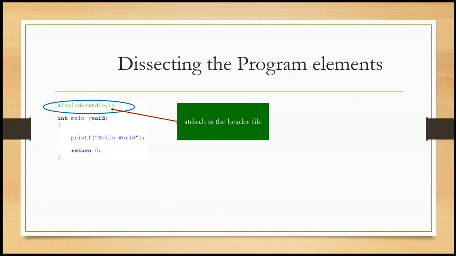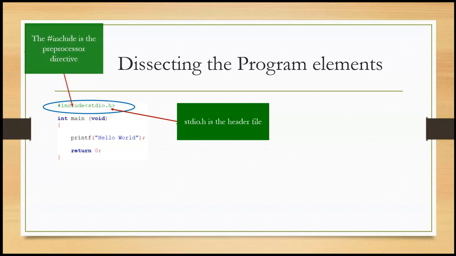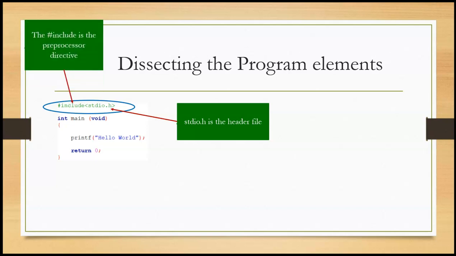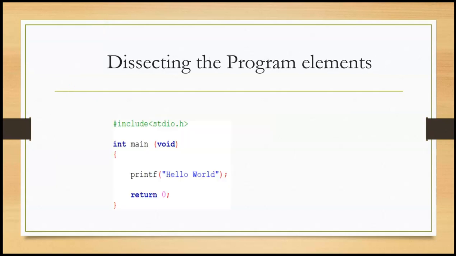Now #include stdio.h is the first statement that we write in the program, and stdio.h is the header file, and the #include is the preprocessor directive. Now we have discussed preprocessor directives and header files already.